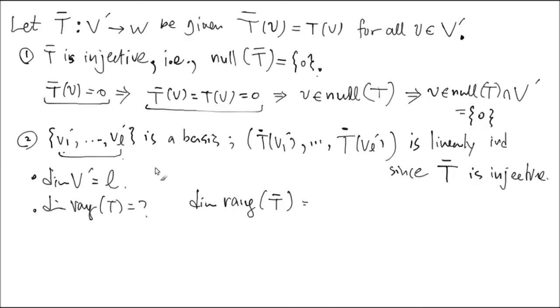This is everything, V1 prime to VL prime. They're all sent along this map, and they remain linearly independent. So what is the dimension of the range of T bar here?